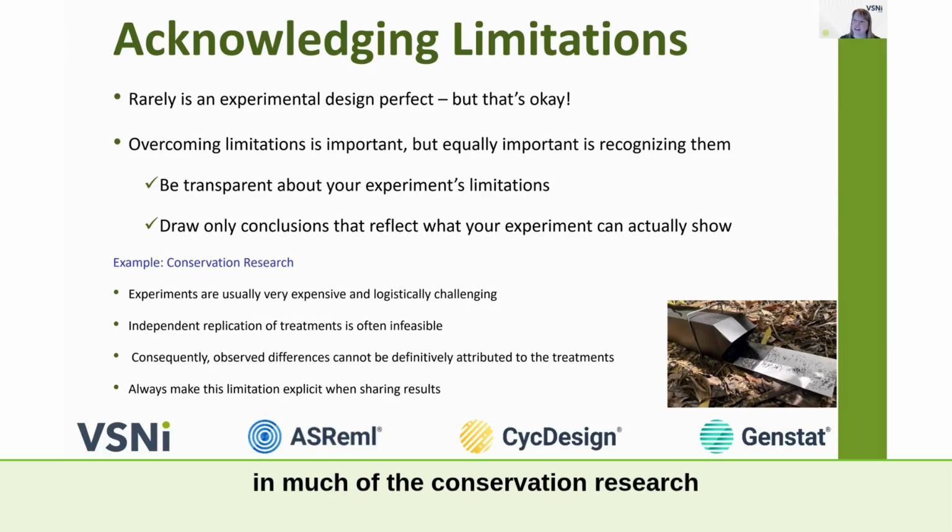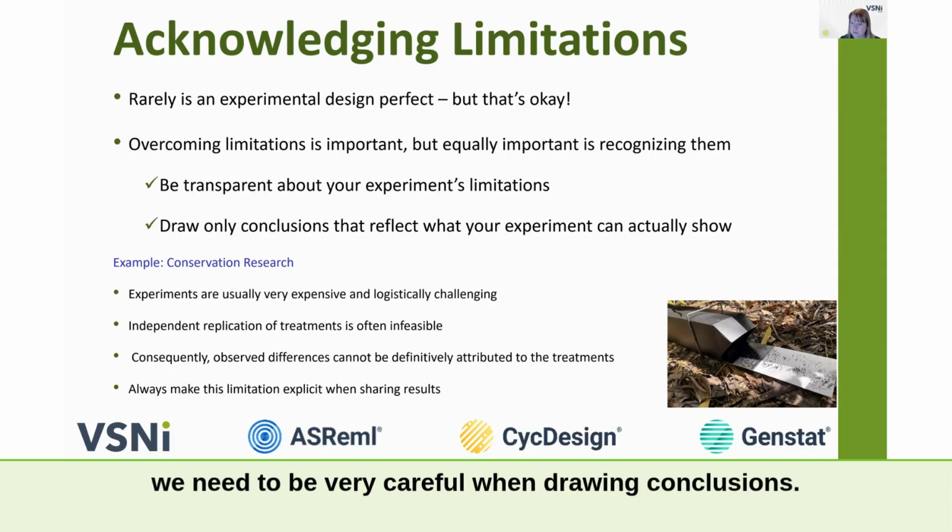For example, in much of the conservation research I've been involved in, the experiments are extremely expensive and logistically and ethically very, very challenging. So independent replication of treatments is sometimes not feasible. In such cases, we need to be very careful when drawing conclusions.